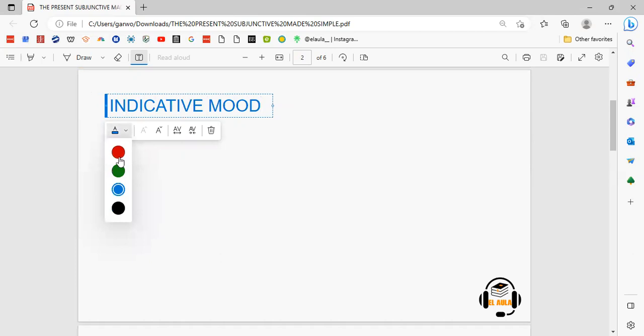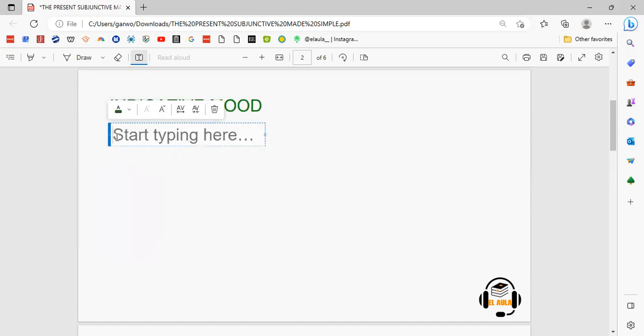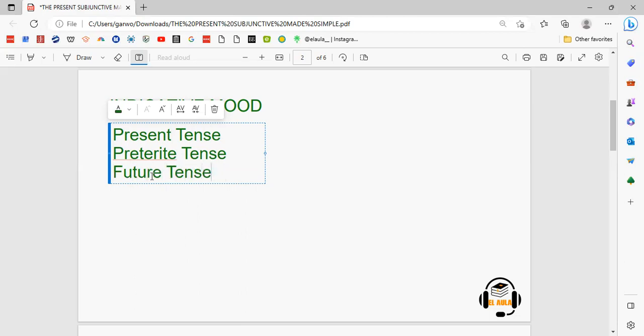Now, most of us by now would have gotten through tenses such as the present tense, the preterite tense, the imperfect tense as well, the future tense, and these are just a few examples, right?